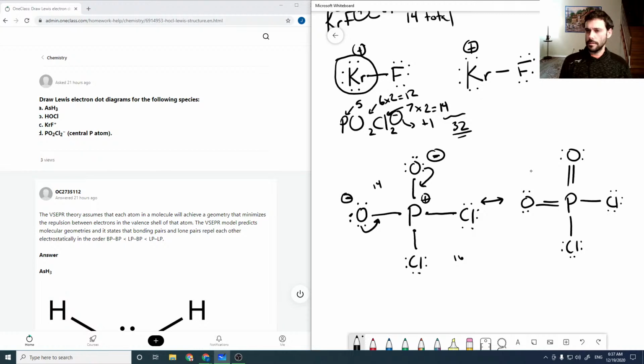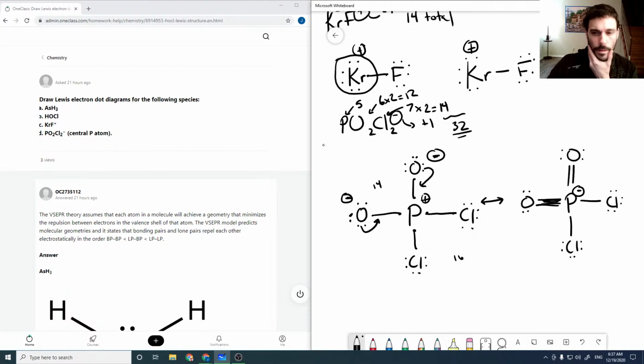Because in this structure we now only have a single negative charge on the phosphorus in the center, and therefore the charge isn't distributed or split across the molecule in such a great amount. But in any case, both of these structures are viable, I would say.